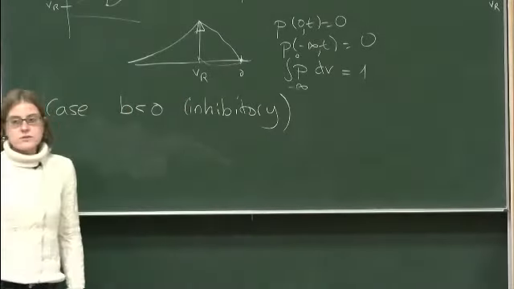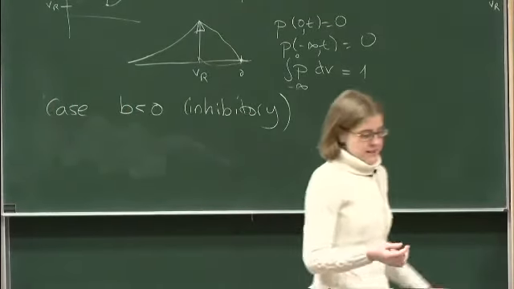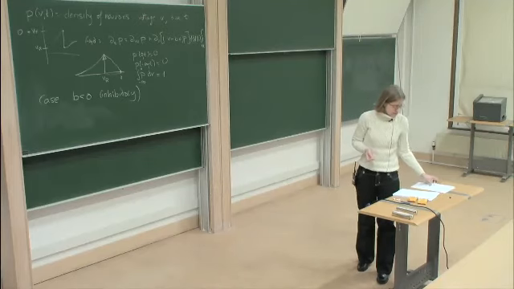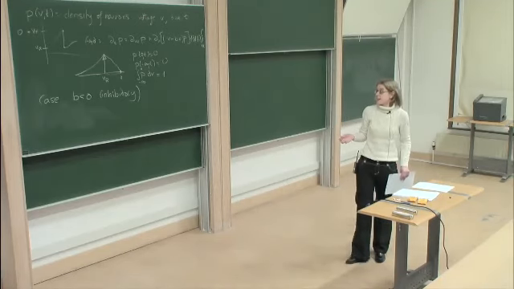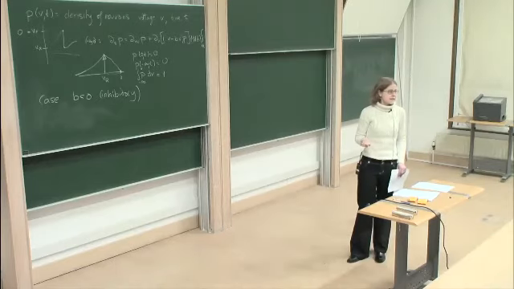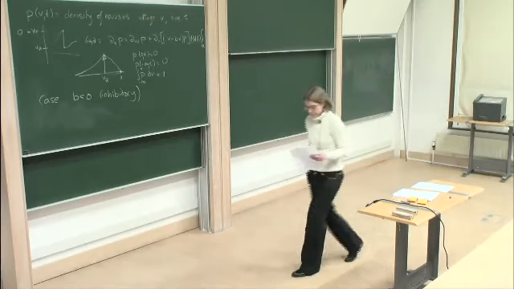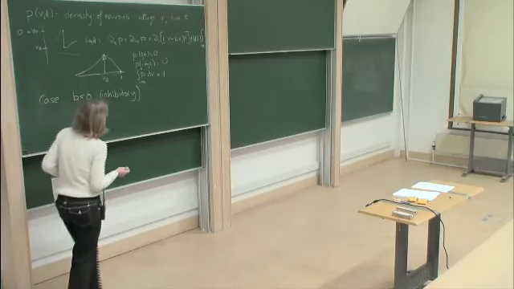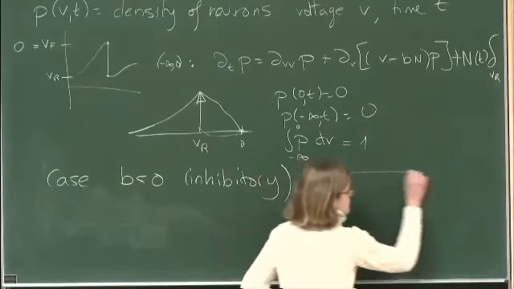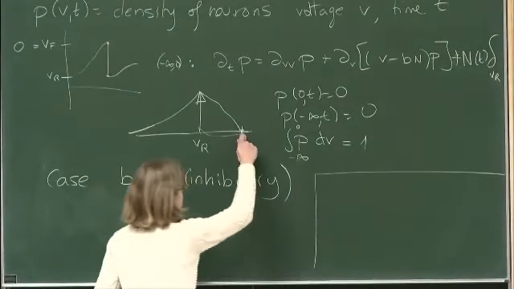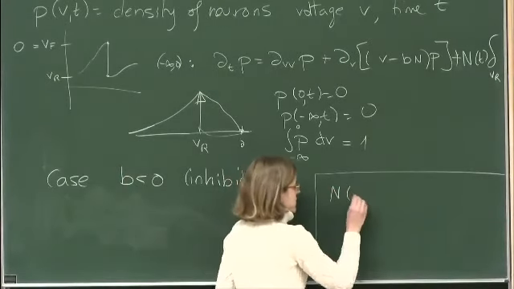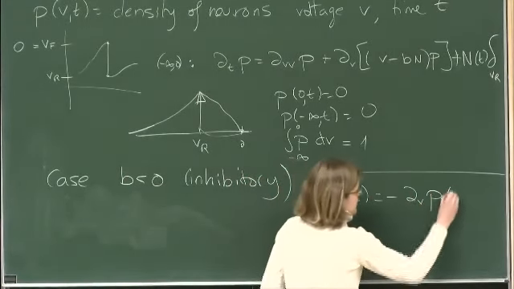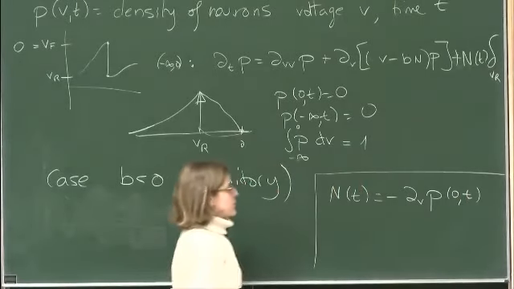If I'm going to study global existence, we'd better restrict to the case b less than 0, because for the positive case, Jose has explained that there is some finite time blow-up. Something else I didn't tell you: n is just the flux that falls in at 0. So n of t is minus the derivative of the function at the point 0.